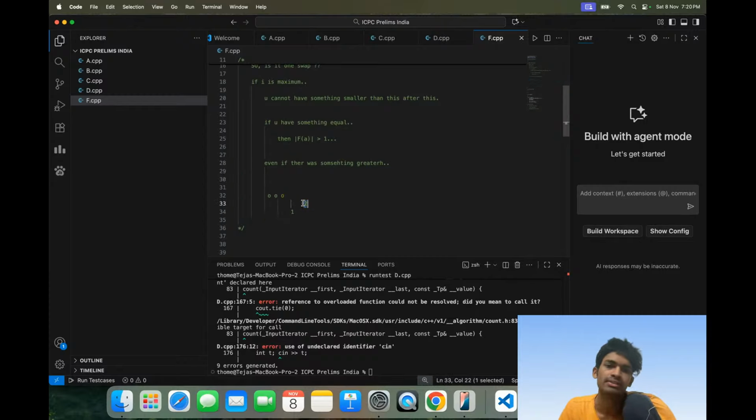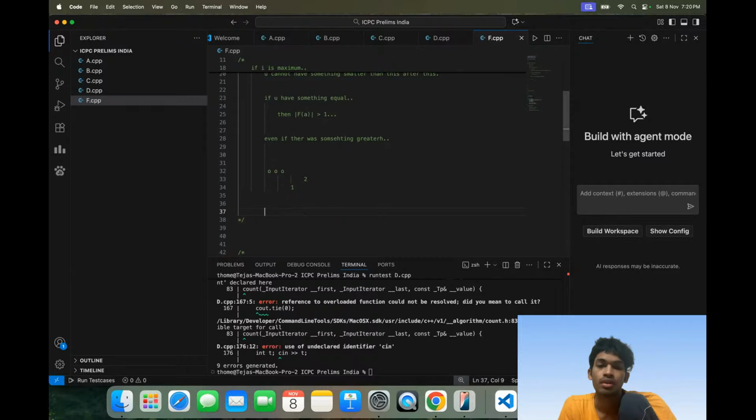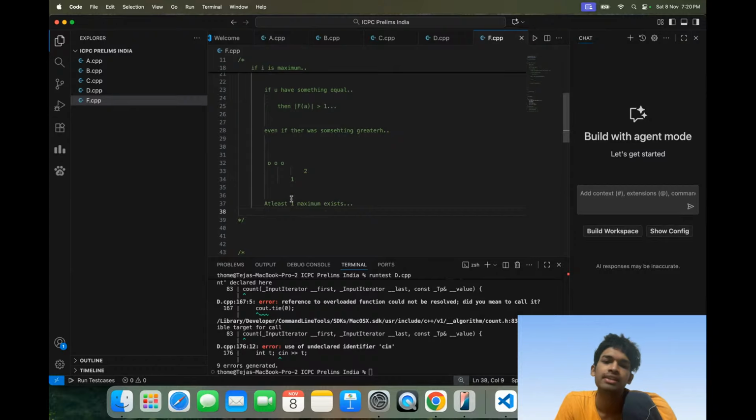But the problem is, let's look at one thing. At least one maximum exists, because that's a maximum, right? Let's look at that one. Let this be that maximum. This has the maximum number of things greater than that. There isn't anything smaller before that that has this many things greater than that.